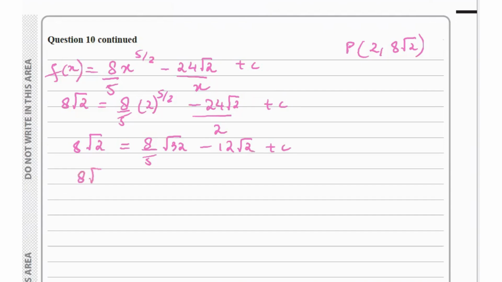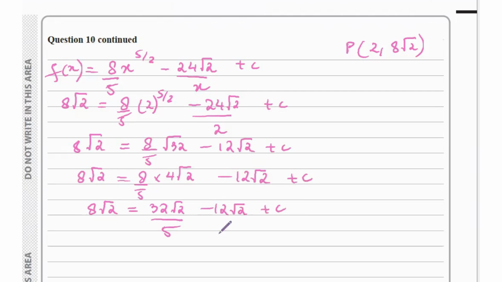Let's prime factorize root 32. That is going to be 4 root 2. So that gives us 8 root 2 equals 32 root 2 over 5 minus 12 root 2 plus c.